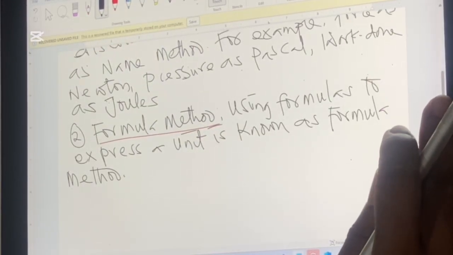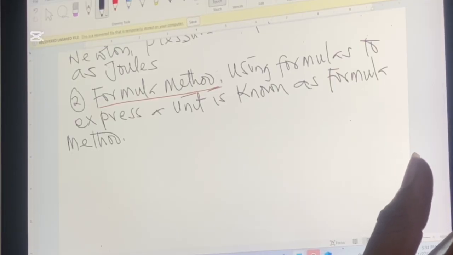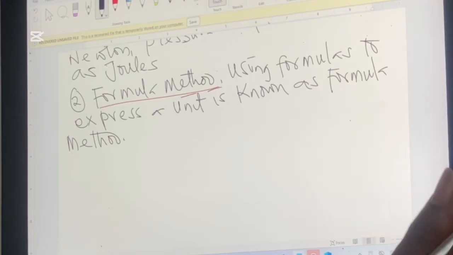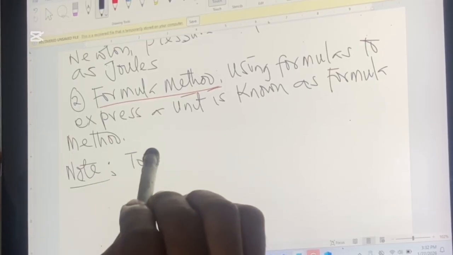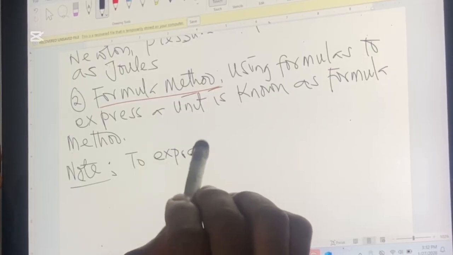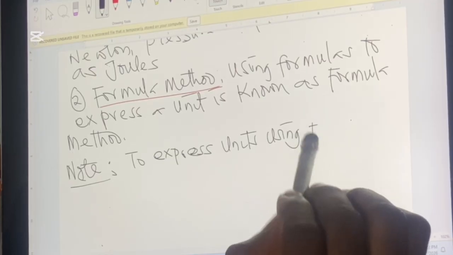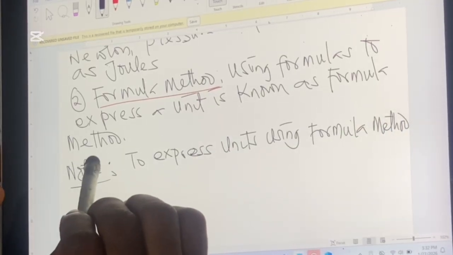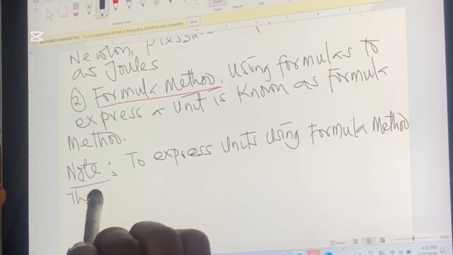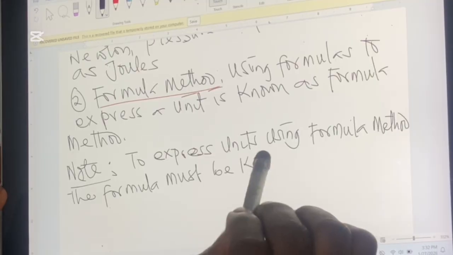Now let's take a note here before we solve some question. Please write, note that to express unit using formula method, the formula must be known.